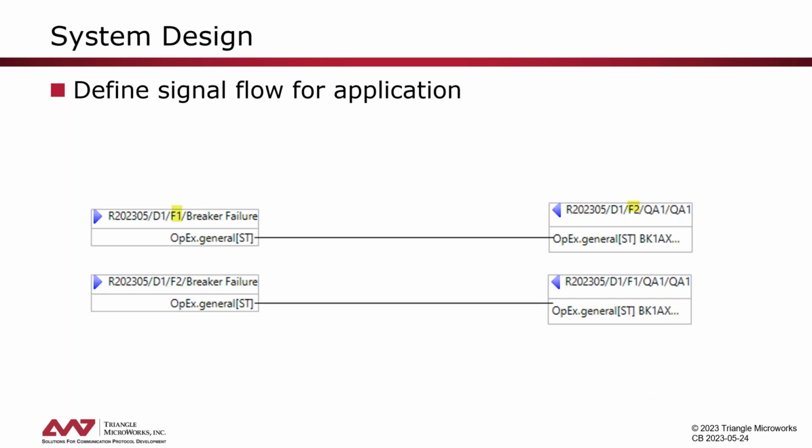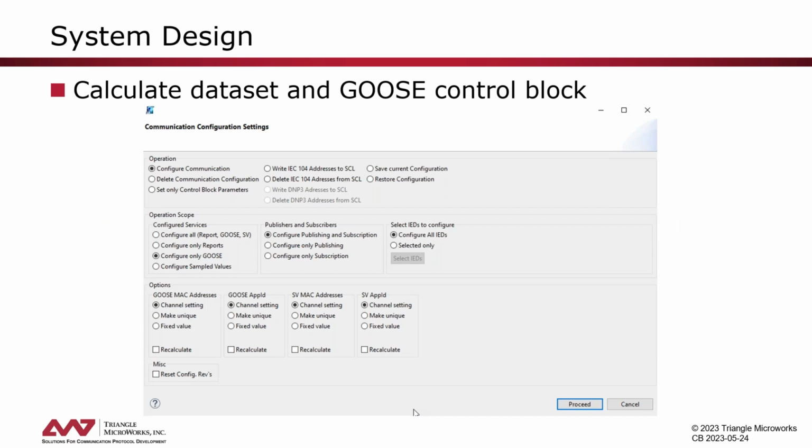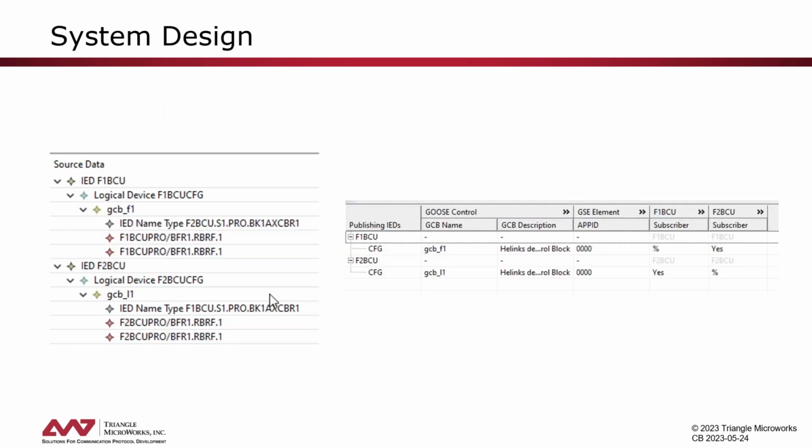Using the top-down engineering process and tools, now that we have defined this signal flow, the next step is to generate the GOOSE control block and the associated database. The Helix tool basically allows us to do that automatically with various options that we can set. And at the end, what we get is our GOOSE control block.